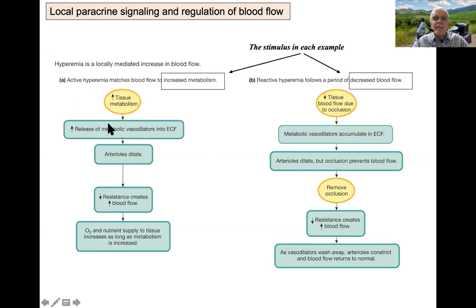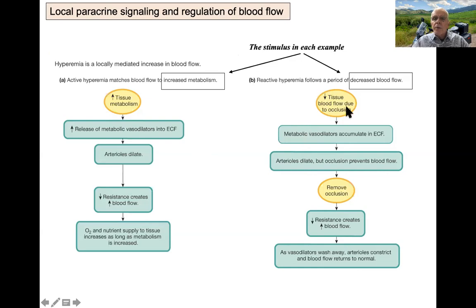It's active because the tissues are actively producing metabolites that cause dilation of arterioles and pre-capillary sphincters, and it results in increased flow. It differs a little bit from the other condition over here shown in B. Over here, it says reactive hyperemia.